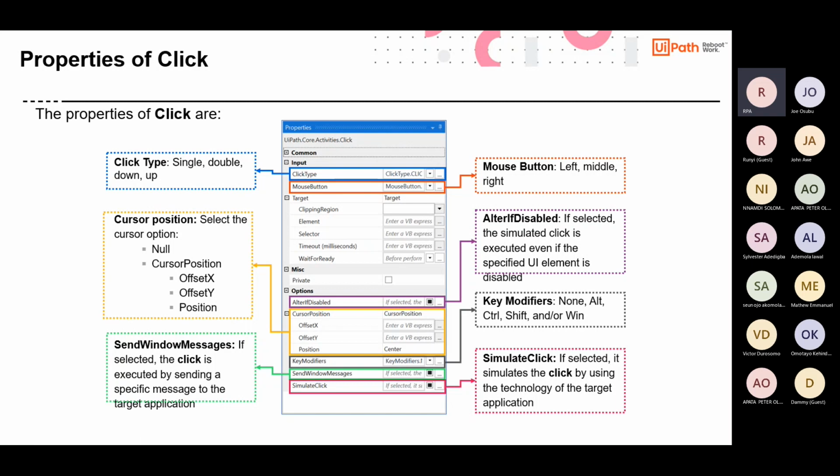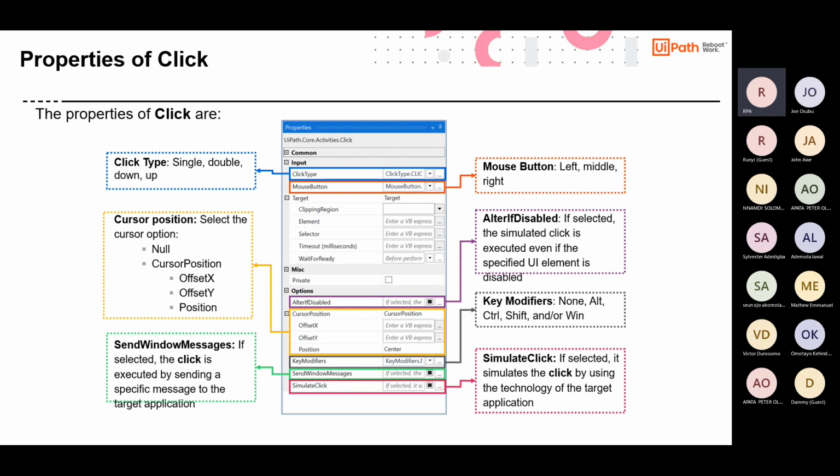I will move to the right-hand side now. That's about the mouse. We have the left, middle, right, just like we had with the mouse. And after that, if selected, the simulated click is executed even if the specified UI element is disabled.